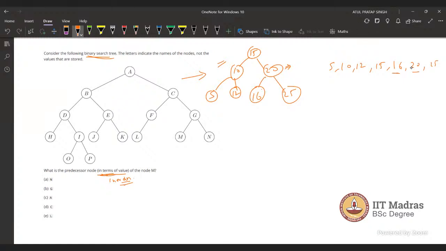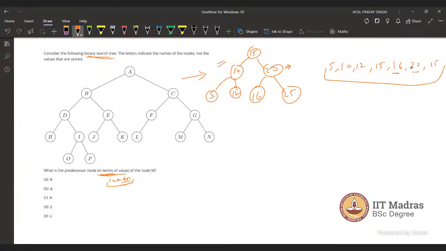So here we are just representing this in in-order traversal. Actually, in-order traversal represents the sorted form of the binary search tree. If you traverse this tree in in-order fashion, it returns the sorted list. So the predecessor just represents the closest smaller value from any node, and the successor represents the closest upper value of any given node.